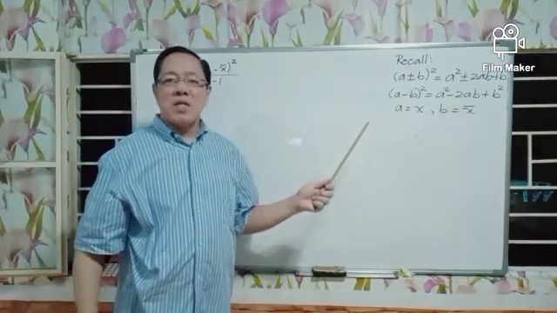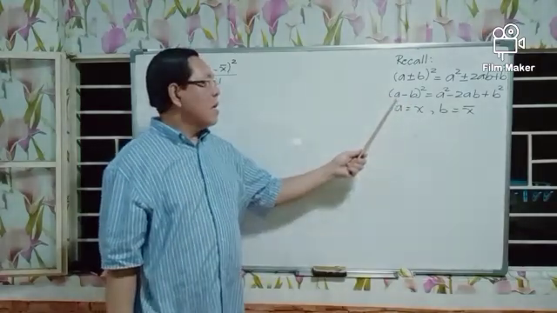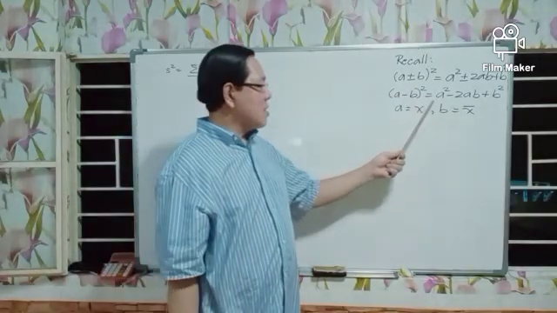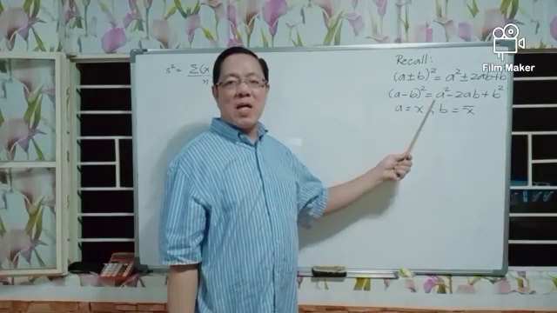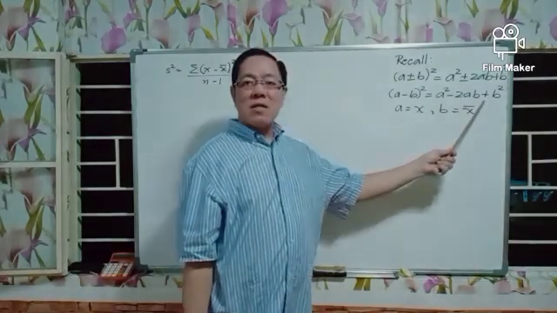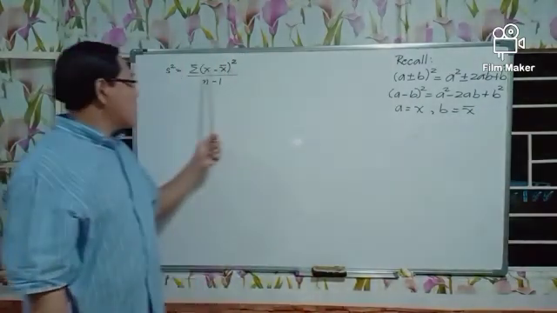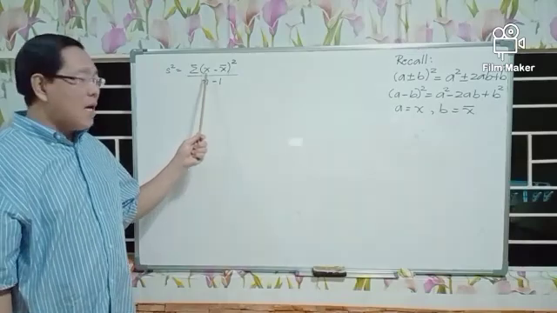Again, in particular, we apply the special product rule, the square of the difference a minus b, which is equal to the square of the first term a, minus twice the product of the two terms a and b, plus the square of the second term b, where a in this expression is x, and x is a variable.